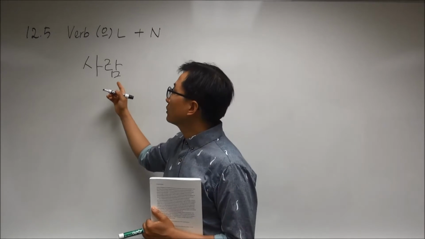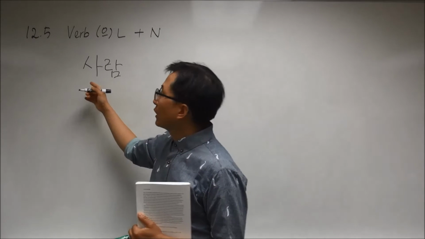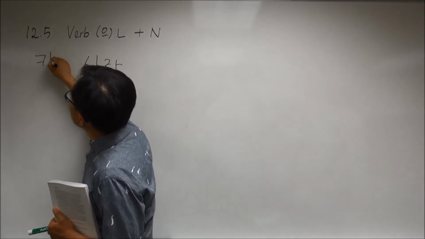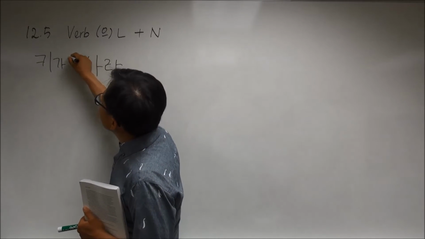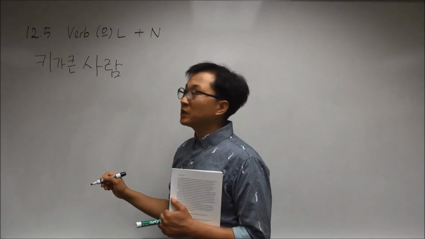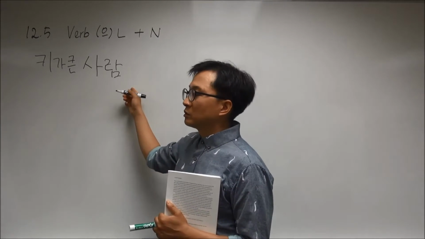So for example, if we want to say a person, let's say tall person. 키가 큰 사람. 키가 큰 사람. Person. What kind of person?